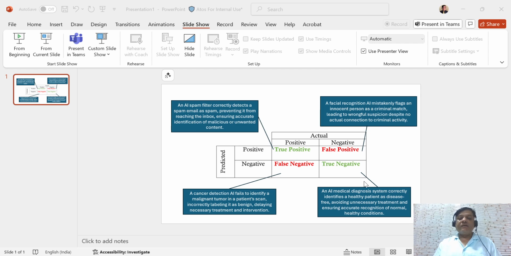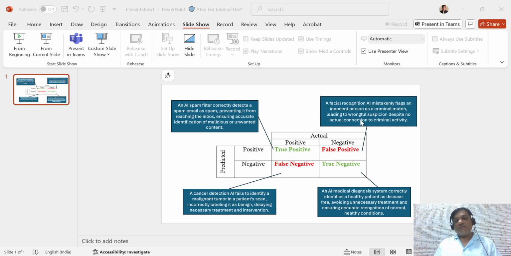And true negative is when it is predicted as negative and actual is also negative. So an AI medical diagnosis system correctly identifies a healthy patient as disease free, avoiding unnecessary treatment and ensuring accurate recognition of normal healthy conditions.